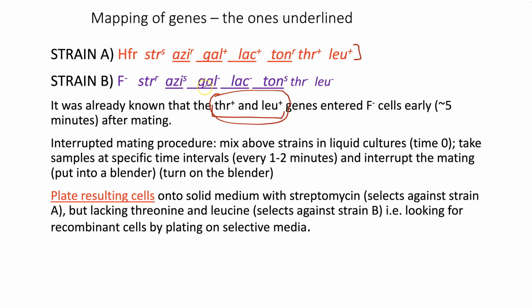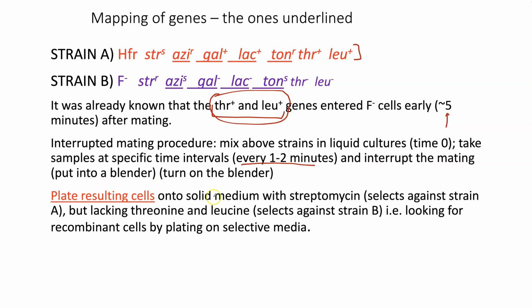And then to map these other genes, you basically mix the strains in liquid culture at time 0, and then every 1 to 2 minutes, probably they wouldn't start until about 5 minutes, they would take a small sample of that and they would interrupt the mating process by putting the cells into a blender and turning the blender on. Bacteria stop mating really fast when you do that. It sort of breaks that little tube, the connection between the cells.